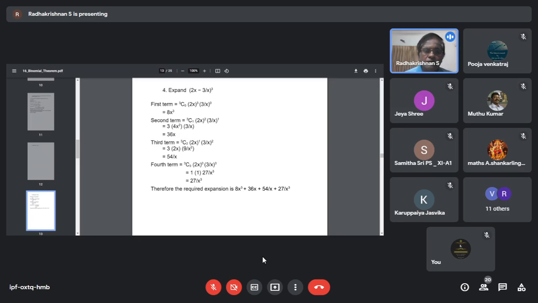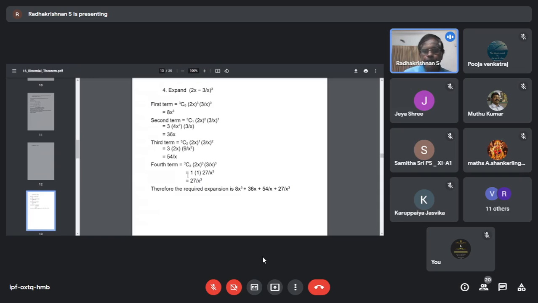Third term is 3C2 into 2x into 3 by x whole square, which comes to 54 by x. The fourth term is 27 by x cube. The required expansion is 8x cube plus 36x plus 54 by x plus 27 by x cube. Okay, let's move on.